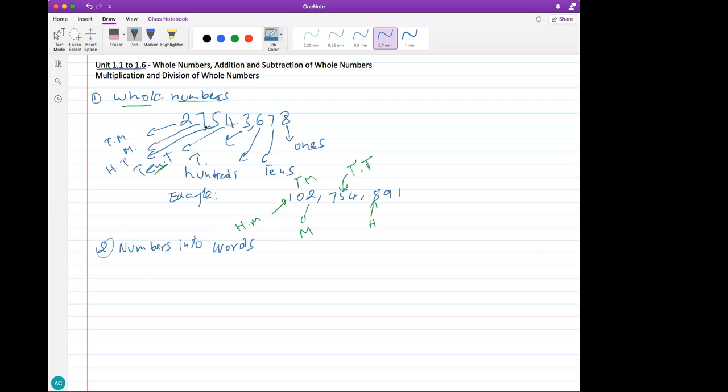Can someone read this whole number for us? So we have 27, comma, 543, comma, 678, comma. If we had to read that whole number in one shot, what would you say?